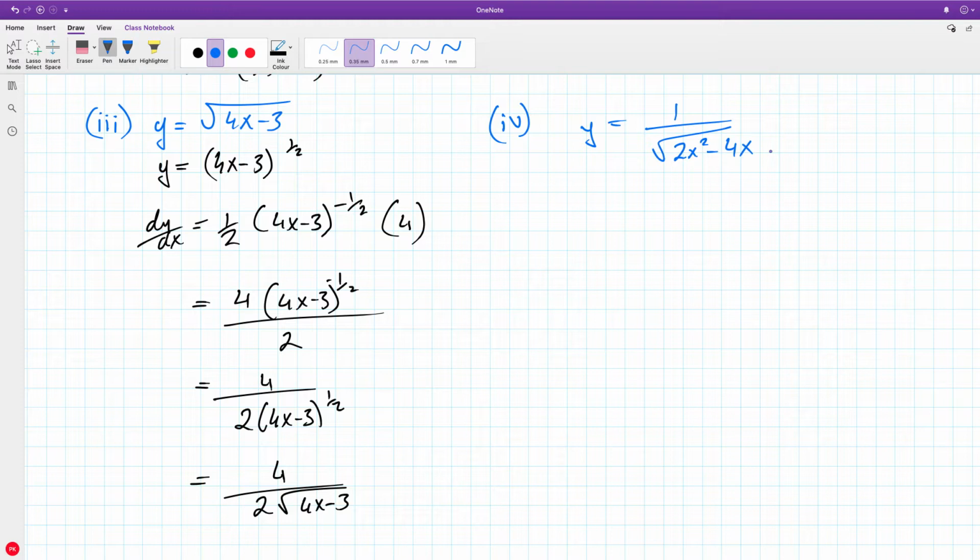Can you u over v this if you want? I'm not going to do u over v. I'm going to chain rule it, which you can u over v if you want.